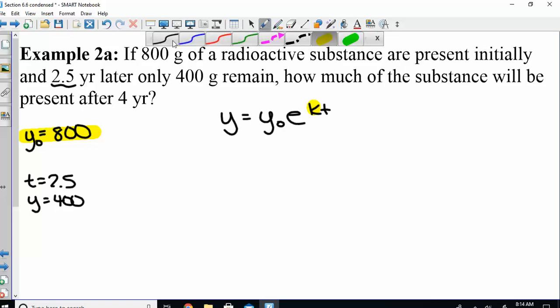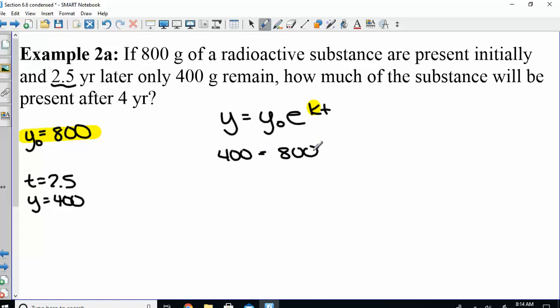So we're going to plug everything in and find our K. So our Y was 400 equals 800 e to the K times 2.5 power. So these are like equations that we were solving. What would I do? Divide by 800.